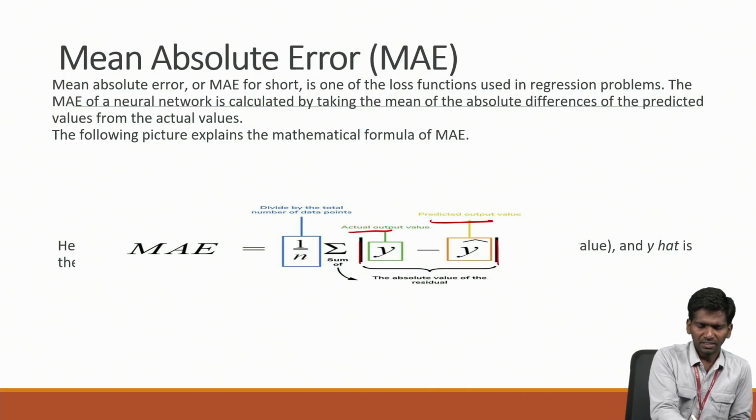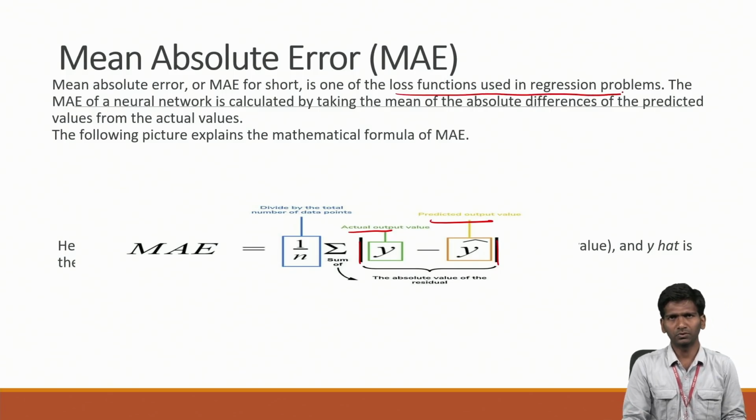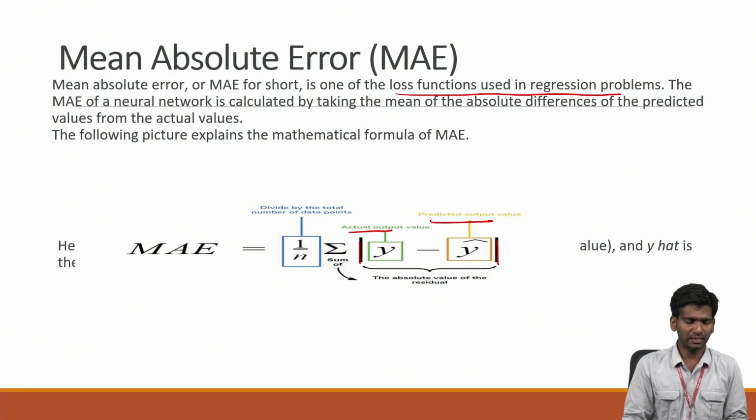Mean absolute error is one of the loss functions used in regression problems. Generally, if our machine learning problem is of the regression kind, then we can use mean absolute error for calculating the loss. Linear regression and logistic regression are regression problems, so for those we can use mean absolute error for calculating the error.